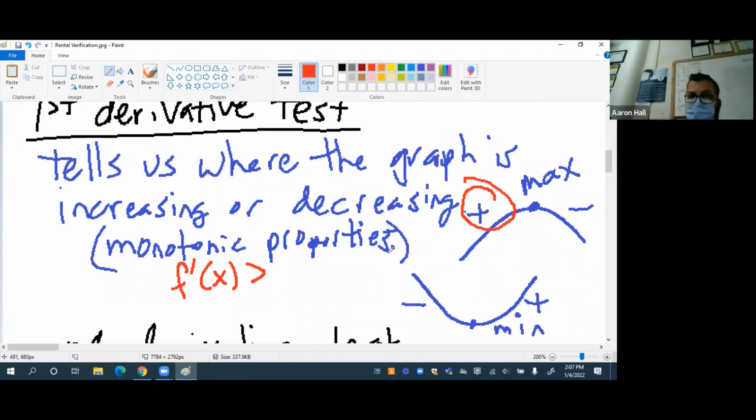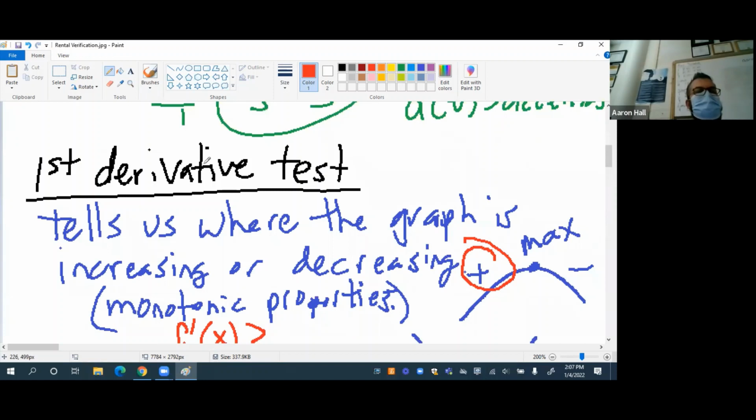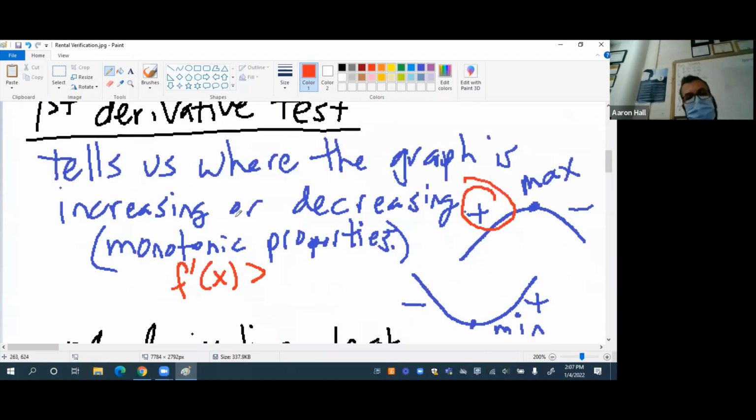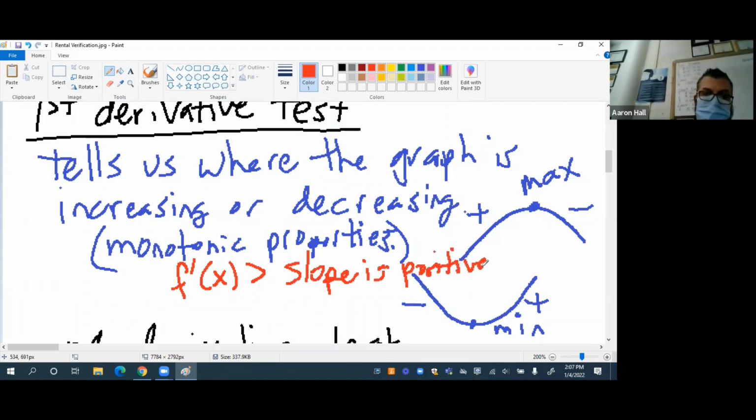Doesn't the first derivative tell me the slope? What is it telling me about the slope? The slope is positive. Okay, what if our first derivative is less than zero? The slope is negative.